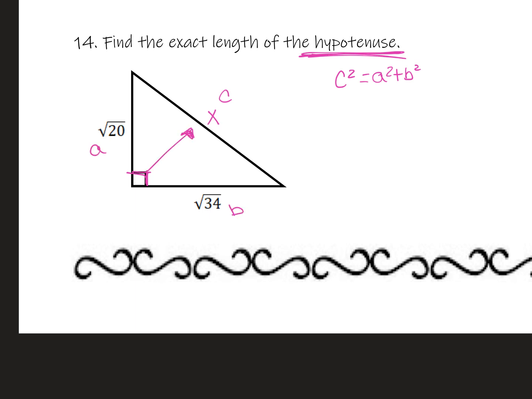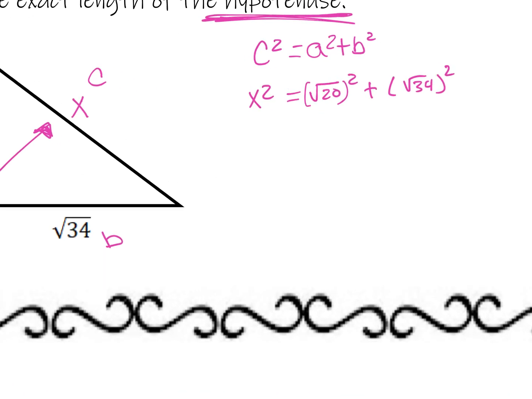And then a and b, it doesn't matter which one you pick as a, doesn't matter which one you pick as b, all right? And then I just plug in. So I get x squared equals radical 20 squared, and make sure you put it in parentheses here, okay? If you don't, it's really gonna mess you up when you type in the calculator, okay?